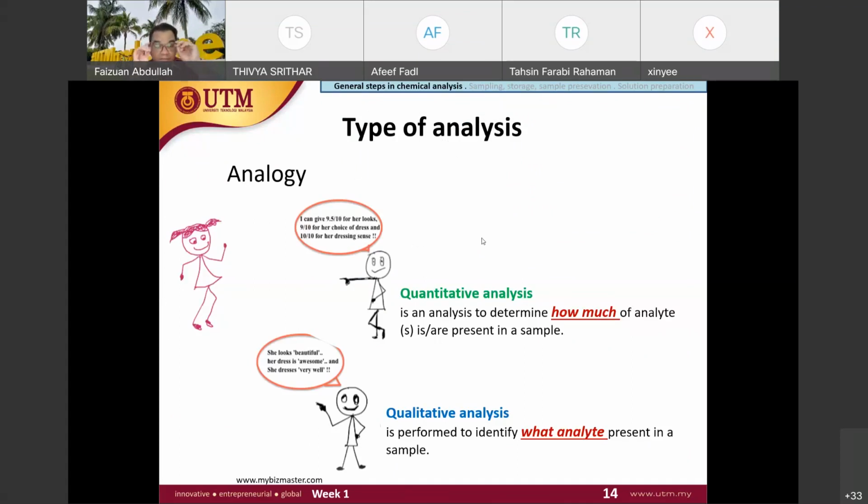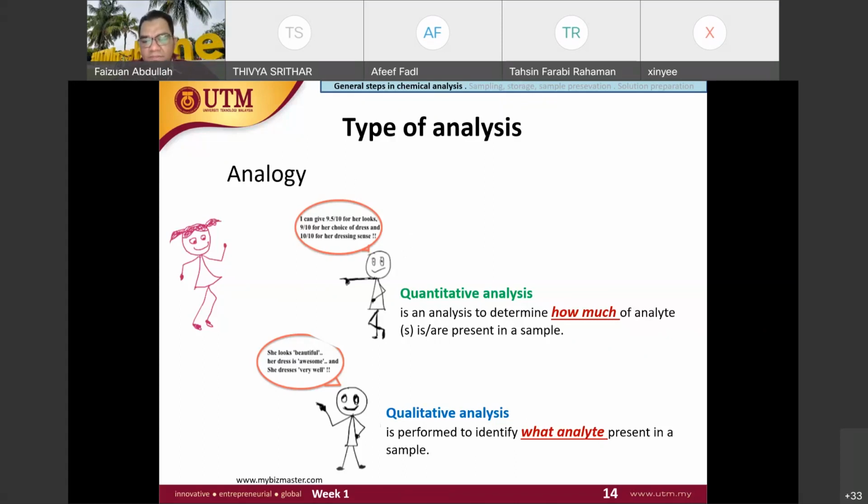So this is an analogy of qualitative and quantitative analysis. Okay. For example, look at the quantitative analysis. I can give 9.5 over 10 for her looks, 9 over 10 for her choice of dress, and 10 over 10 for her dressing sense. This is quantitative analysis.